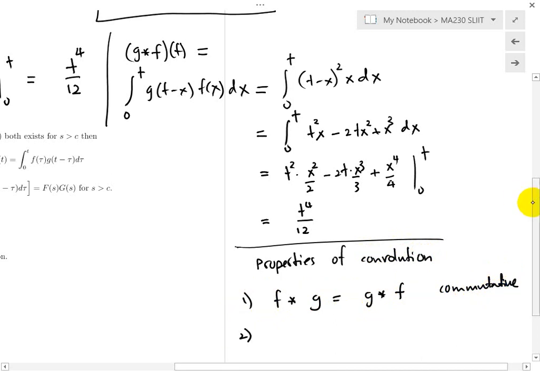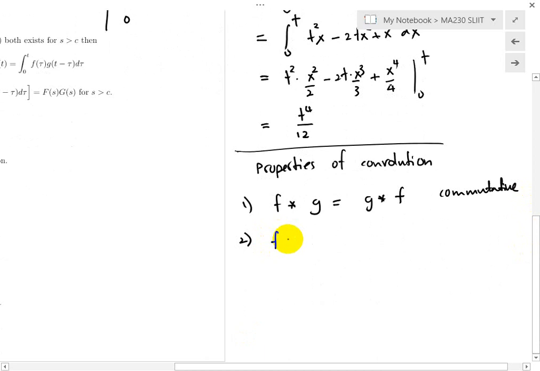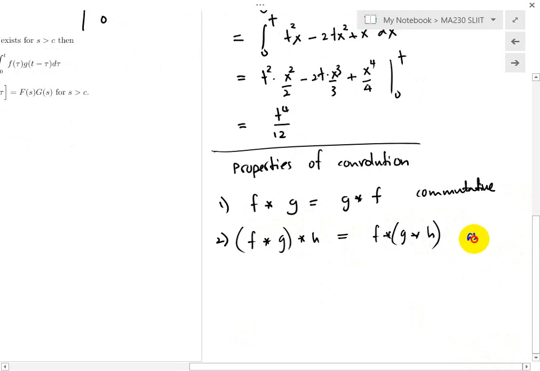And actually this is associative too, which means you can shift the order. You can emphasize this one here or this one here, it is the same. So this is to say this is associative.